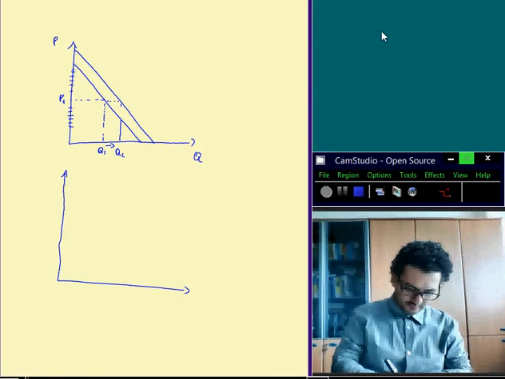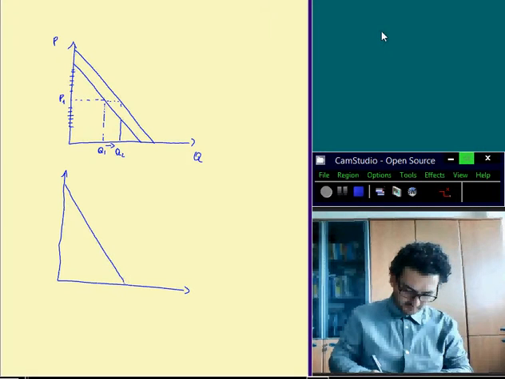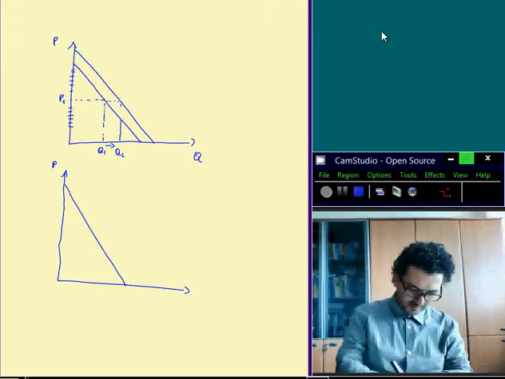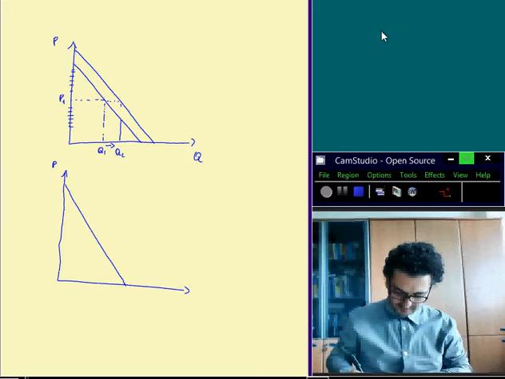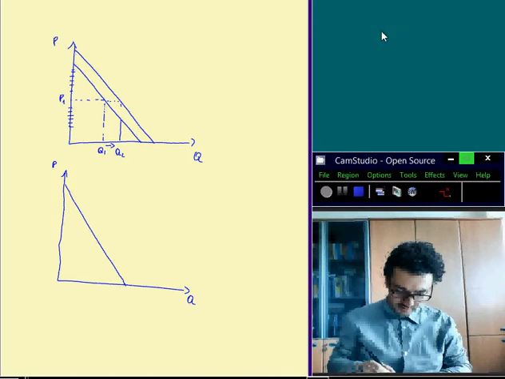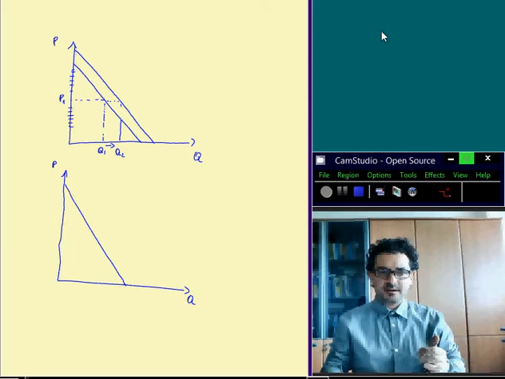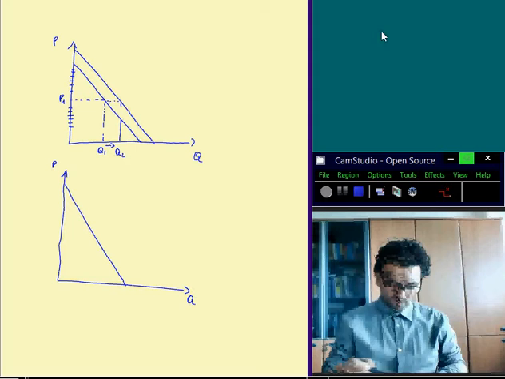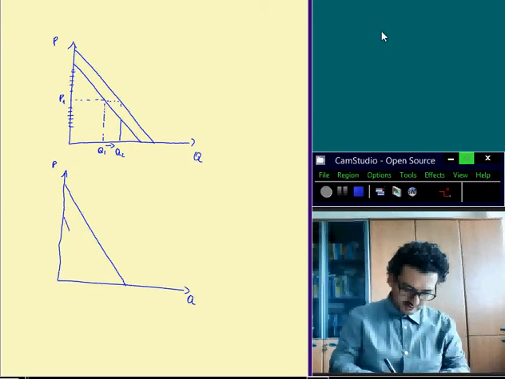We have the original demand for coffee. Here we have the price for coffee, the effect of the price for coffee on the quantity for coffee. If we have a decrease in the price of tea, what we will see is a shift on the left of the demand curve for coffee.